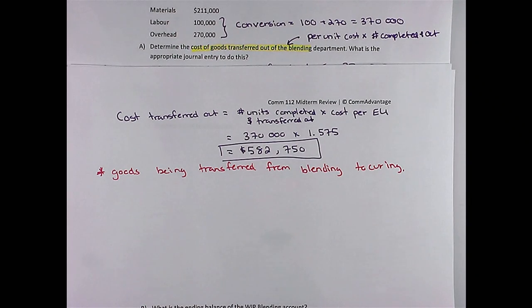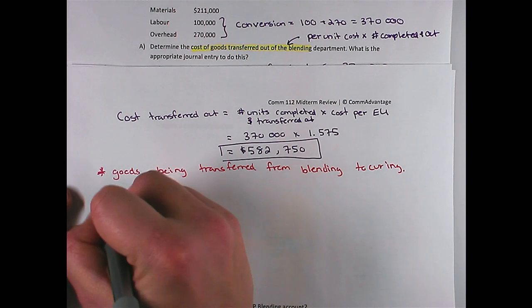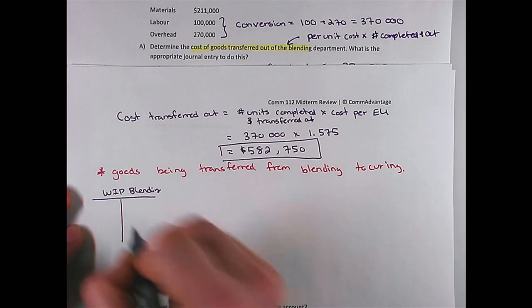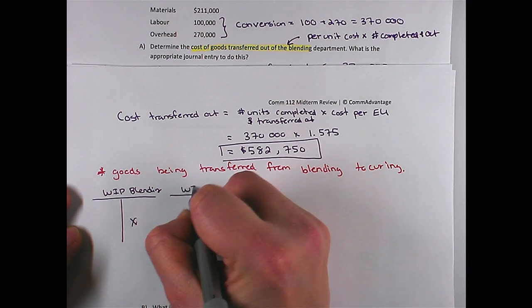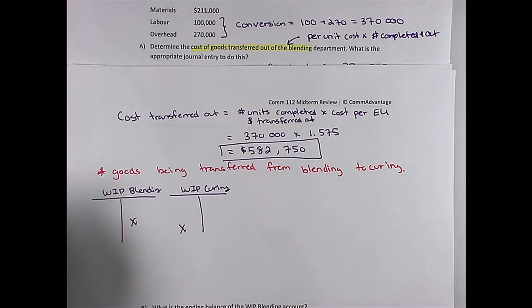We're not transferring into finished goods. If we were the last process, we'd be transferring into finished goods. Since we're not the last process, we're transferring into that work in progress of the curing department. So that work in progress for our blending, right? We're transferring out of that, and we're going to put it into the work in process of that curing department. Right? That's the point of our process costing, is that we're going from one process to the next process.